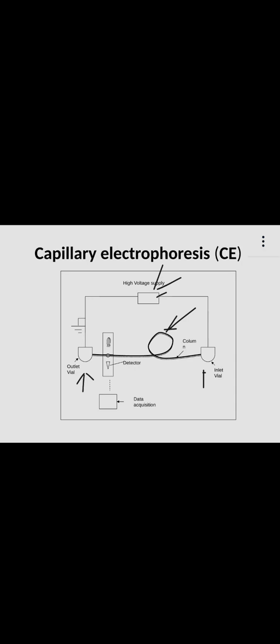If separation by molecular sieving is desired, the capillary tube may be filled with polyacrylamide or SDS polyacrylamide. So that would be like doing gel electrophoresis, but using a capillary tube.